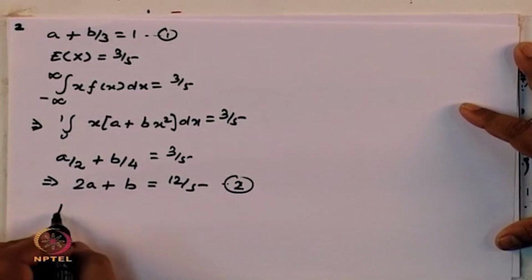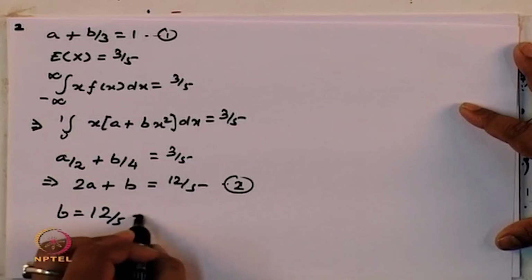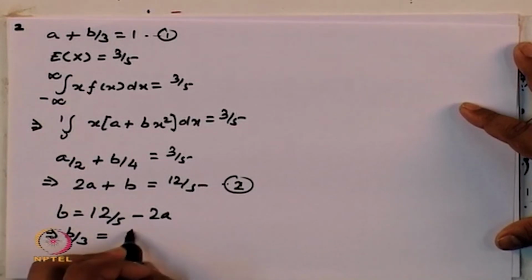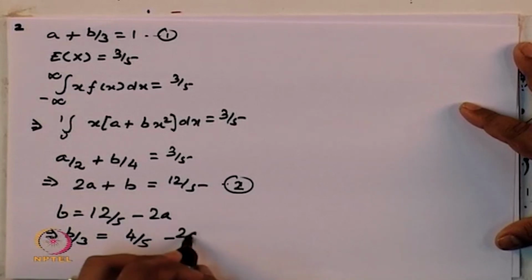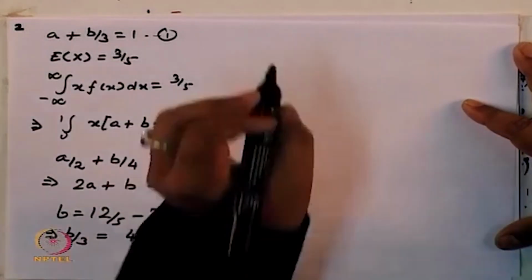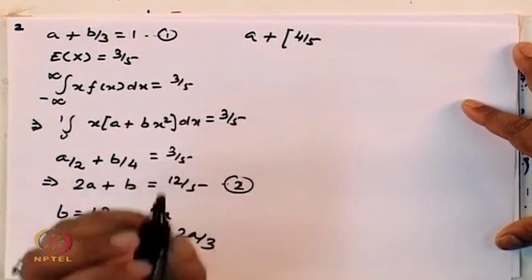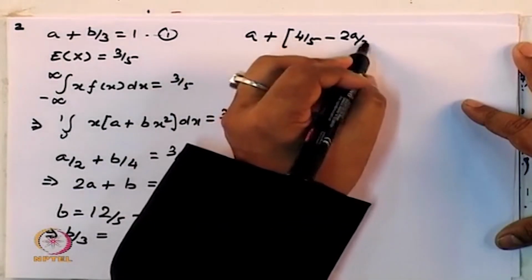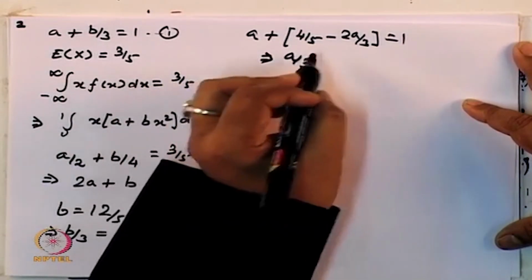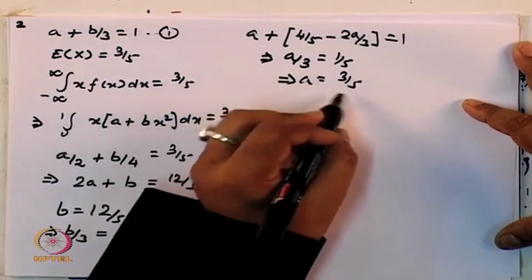So, from this equation I can write b is equal to 12 by 5 minus 2a, implying b by 3 equal to 4 by 5 minus 2a by 3, and if we plug this value in equation 1, then we have a plus 4 by 5 minus 2a by 3 equal to 1, implying a by 3 equal to 1 by 5, a is 3 by 5.